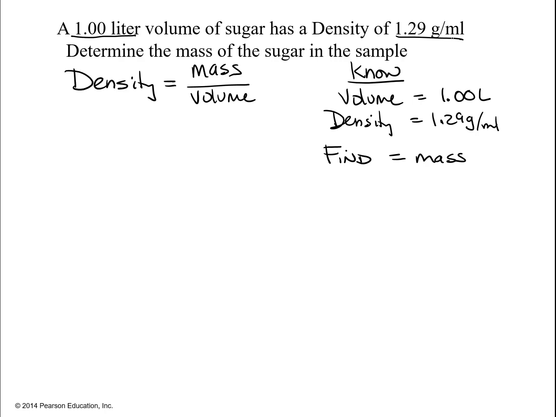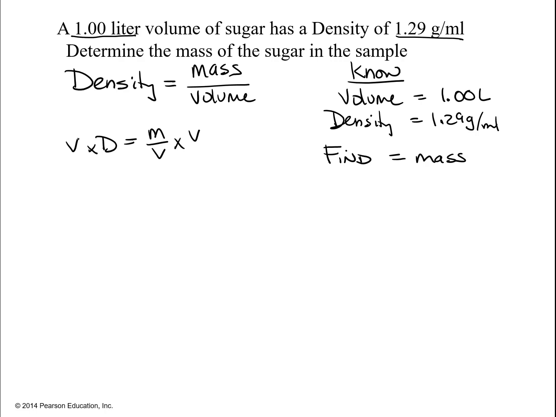So I want to find mass. If I have density equals mass divided by volume, I need to have mass all by itself. So here we have to do a little rearranging of the formula, like what you did in algebra. If D equals M over V, and I want M all by itself, what do I have to move? If I multiply both sides by V, remember in algebra you can multiply both sides, it won't change anything.